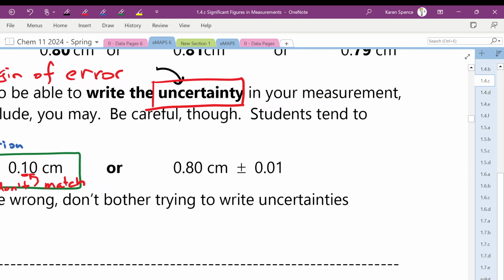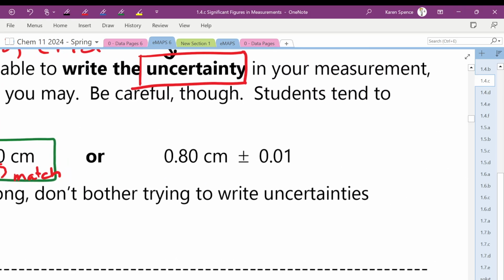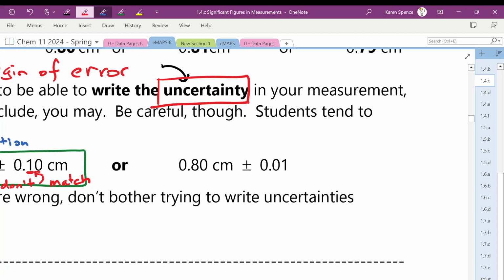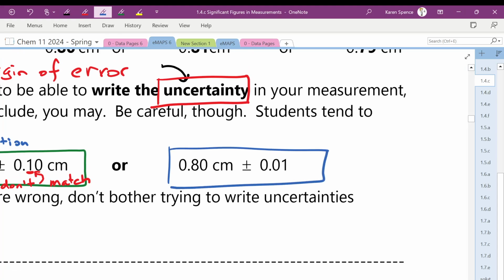Here's one that's a little bit different. What's wrong with the one in the blue box? Yes. We're missing centimeters. We have centimeters here, but we are missing units. So you would need to write centimeters.